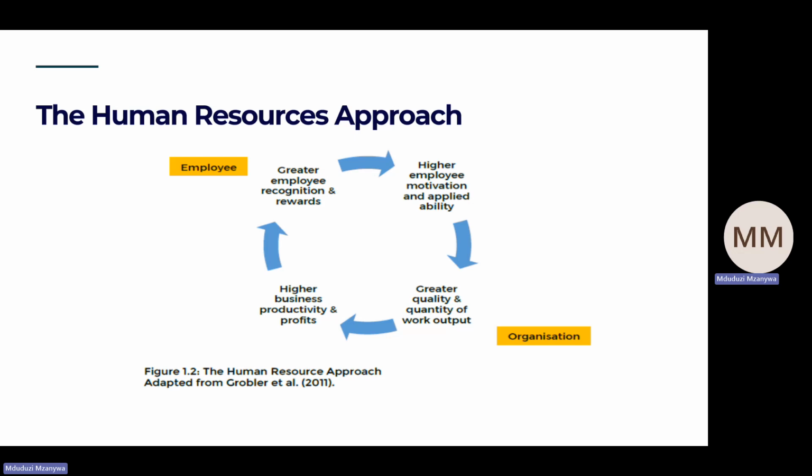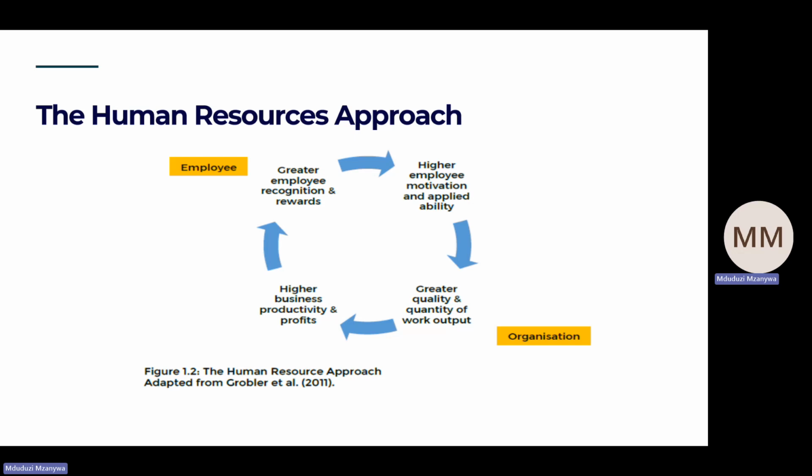So basically, the HR approach believes that the organizational goals and the human needs are, or should be, compatible. So what the employee needs and what the organization needs should not be in conflict.